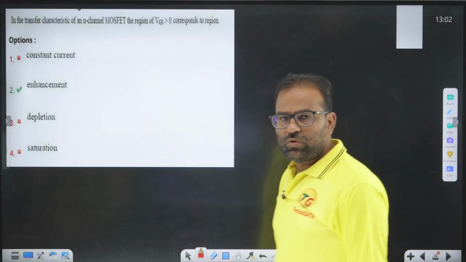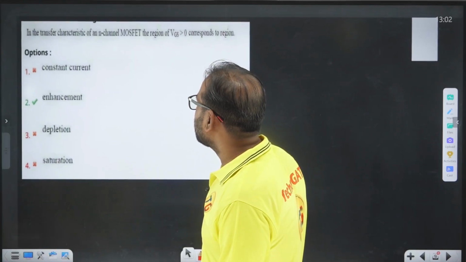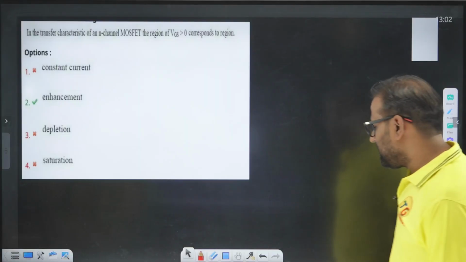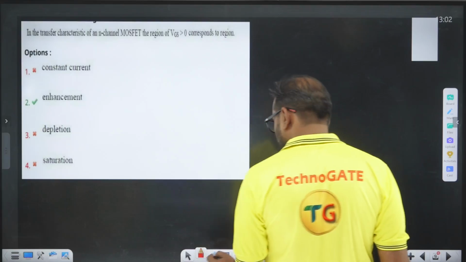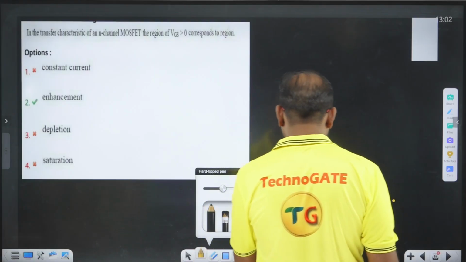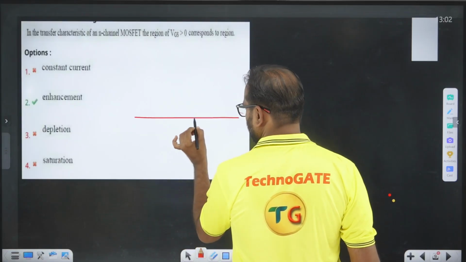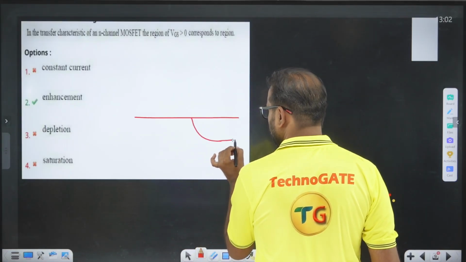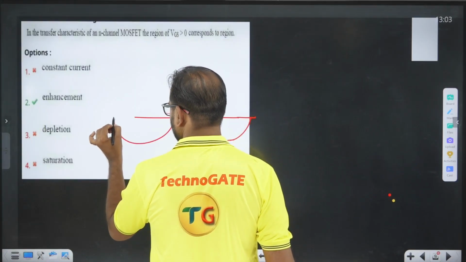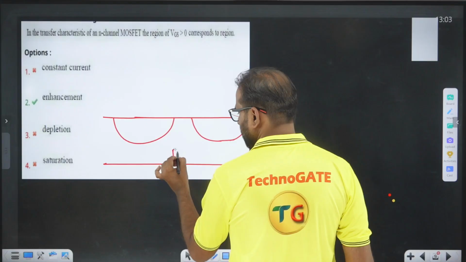Let's go to the next question. What is this next question saying? Next question is saying, in the transfer characteristics of N-channel MOSFET, the region VGS greater than 0. So always remember, you have your MOSFET in two regions. The first region is what? This is, let's say, P substrate.